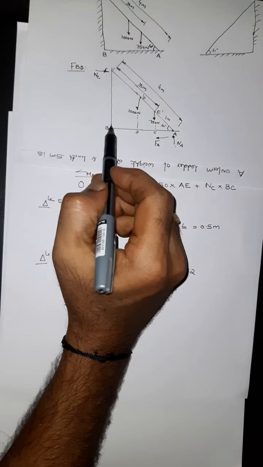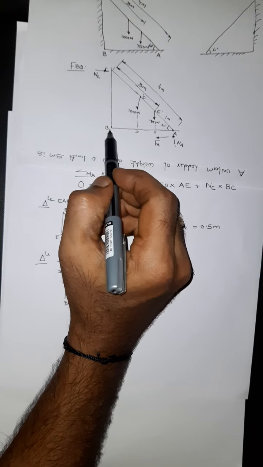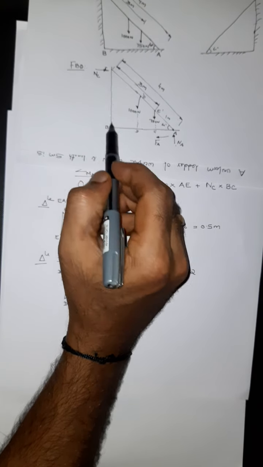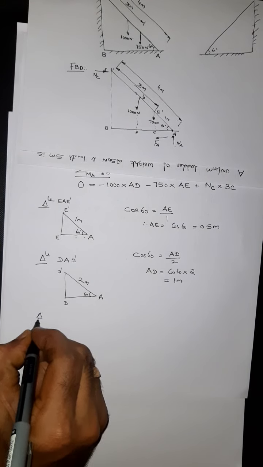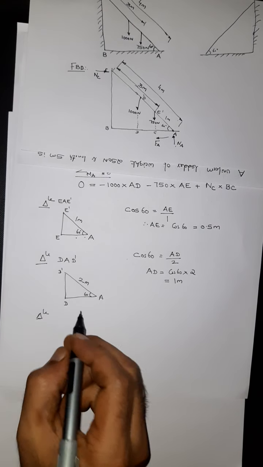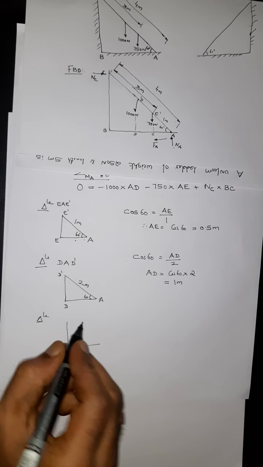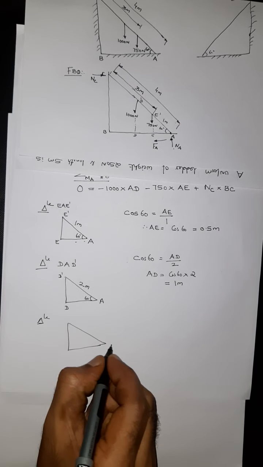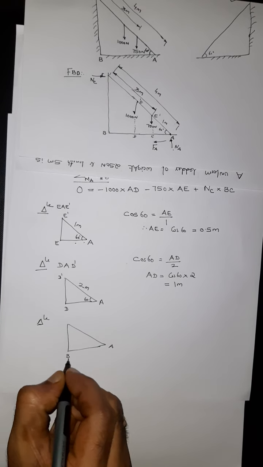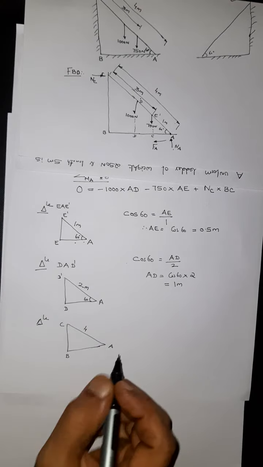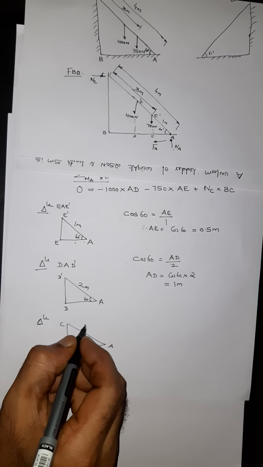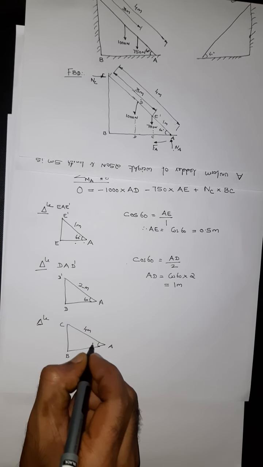Right. Now we need to know the distance between B and C, that is the BC length. So let us consider the bigger triangle ABC. The total length AC is 4 meter. This is 60 degree.